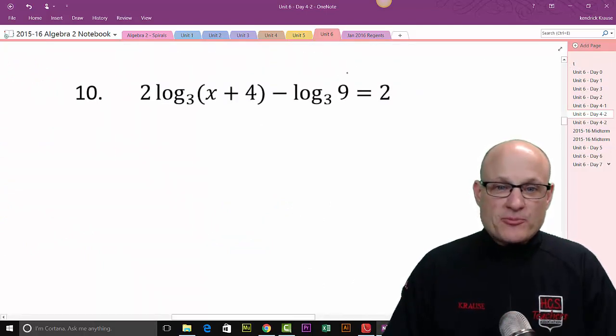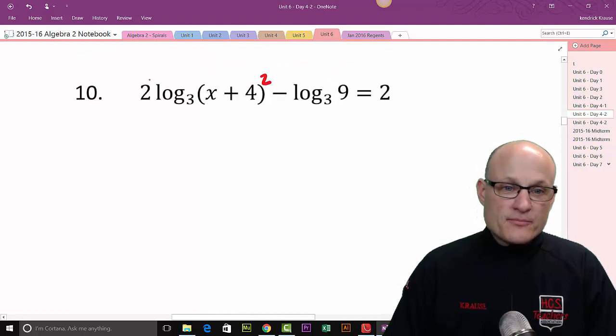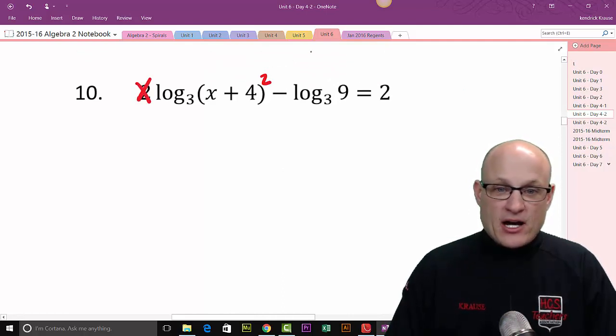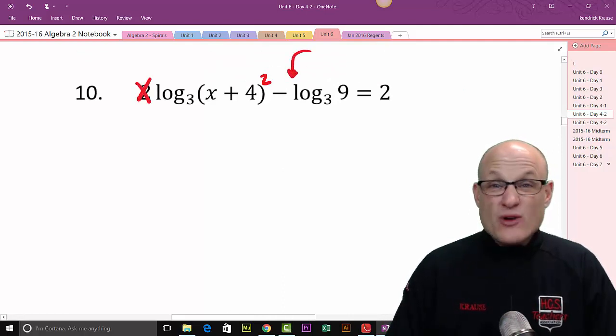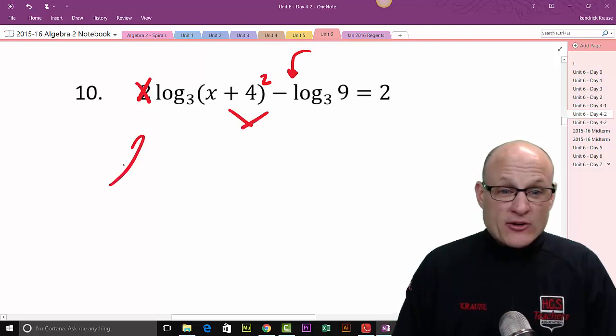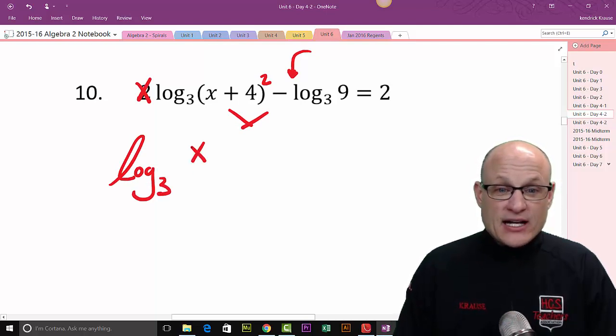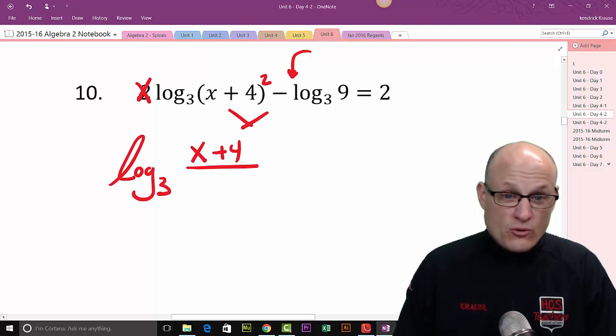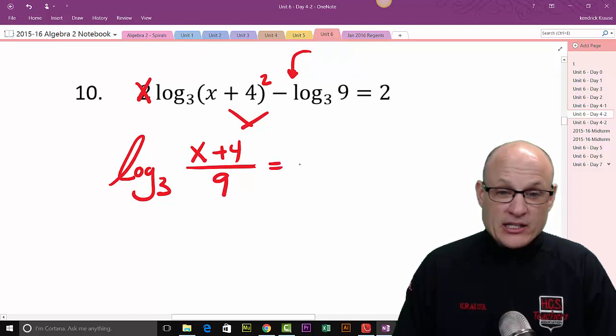All right, we've got to return the exponent. Squared goes there. A different kind of problem now. Now we have subtraction. We still have to condense. We still want to get down to 1 logarithm, so log base 3, but in this case, x plus 4 over 9 equals 2. All right.